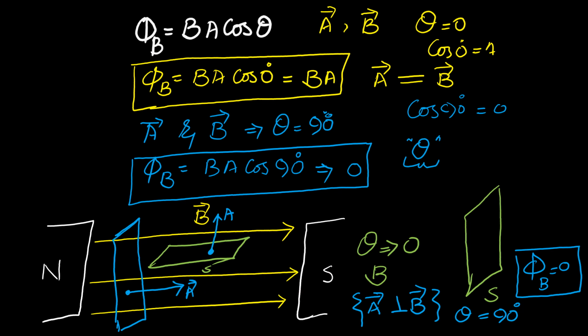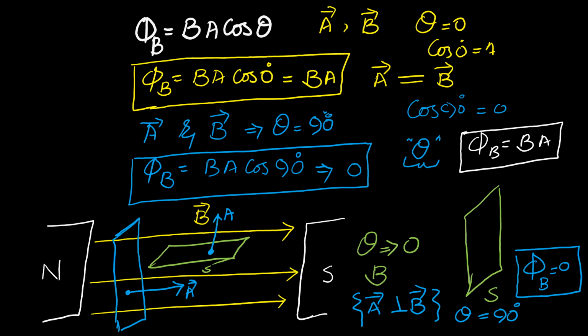This will mean that the magnetic flux, as you know the angle between B and A is 0, will be B into A because cos of 0 is equal to 1. So this means that magnetic flux also depends on the orientation of the surface through which magnetic field lines are passing.